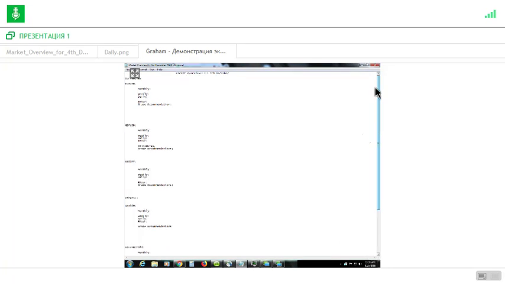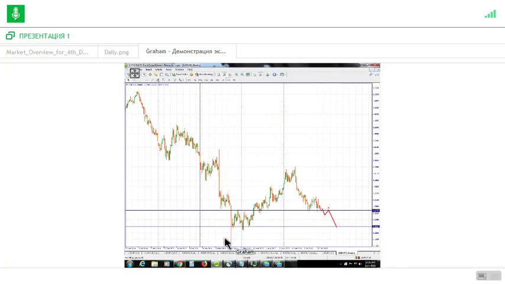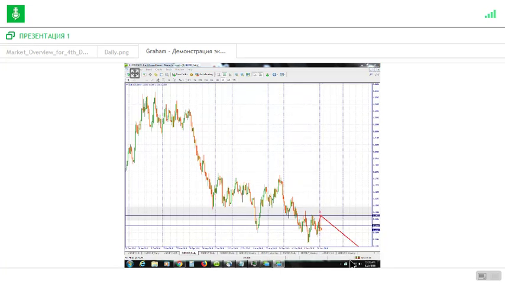We'll start off with the Euro USD, the very first one on this list. Go straight to the chart. So the only thing I'm seeing on this that I need to add is that yesterday there was something that looked like a pin bar.